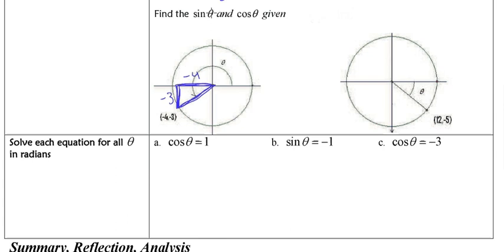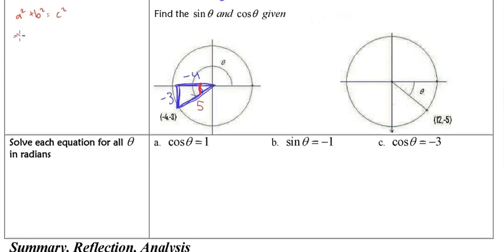So to find the sine of theta and the cosine of theta of our given theta, that angle right there, of our central angle, we need to know what the hypotenuse is. And so it's a 3, 4, 5 right triangle. This is going to be a radius of 5. And in case you're not remembering how to do that, that's going to be a squared plus b squared equals c squared.